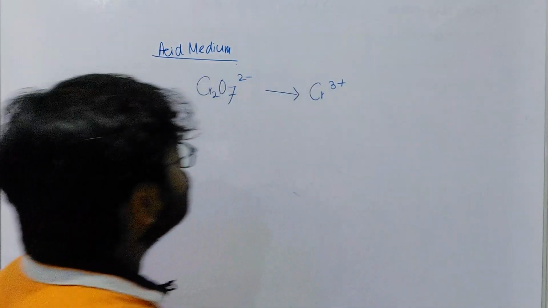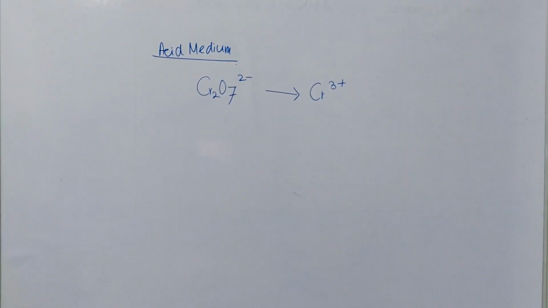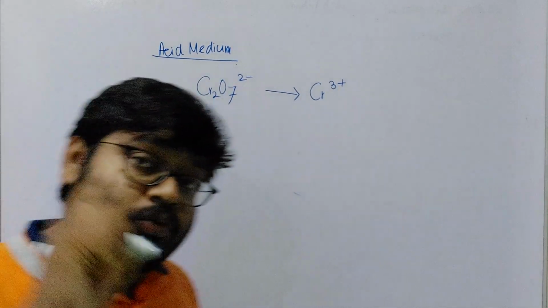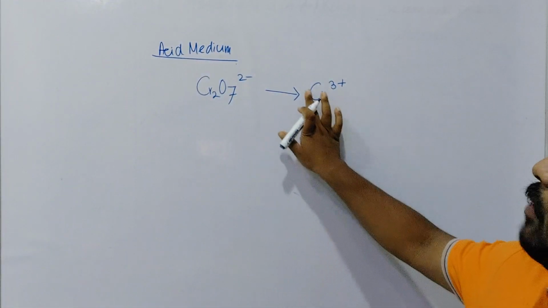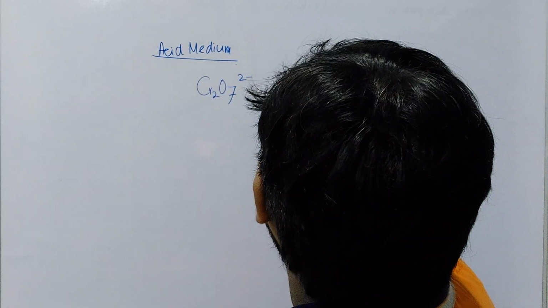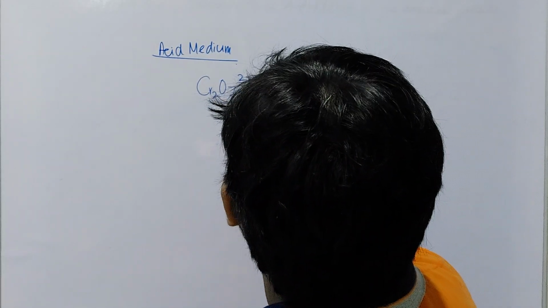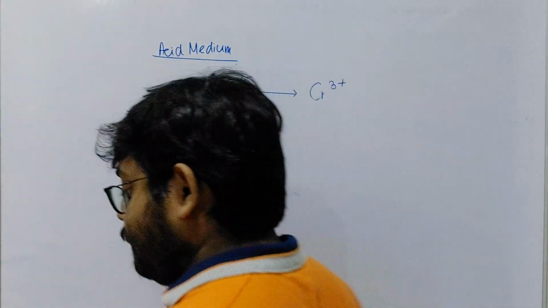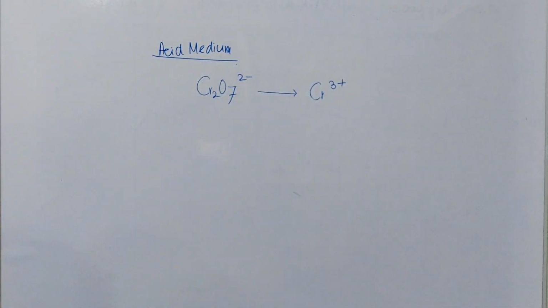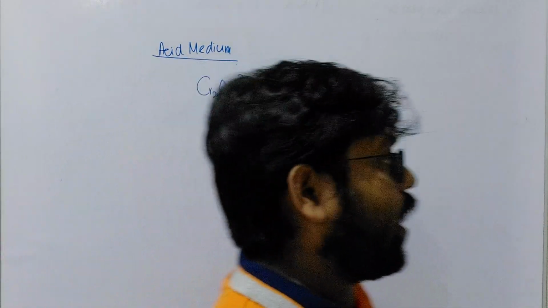Suppose this is a chemical reaction. We need to balance it and have to do this in acid medium. It is strictly mentioned. So we need to add an acid on either of the sides. Still we don't know on which side we are going to add the acid.